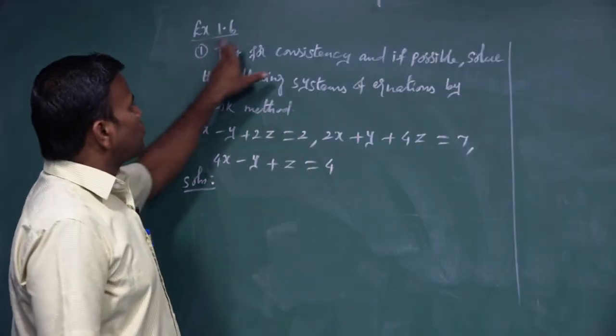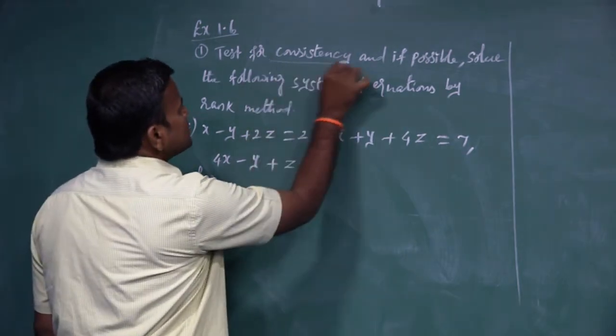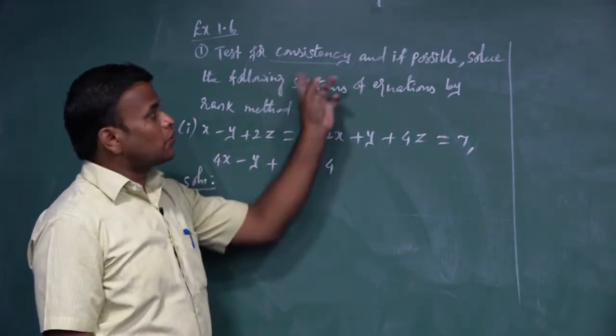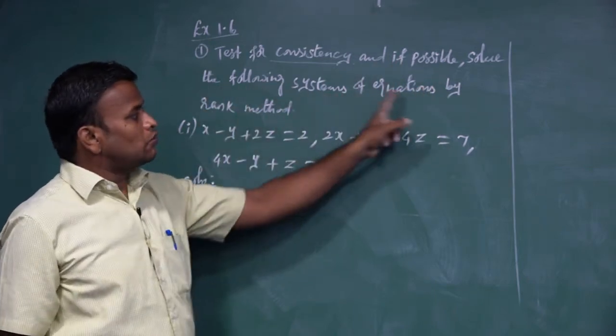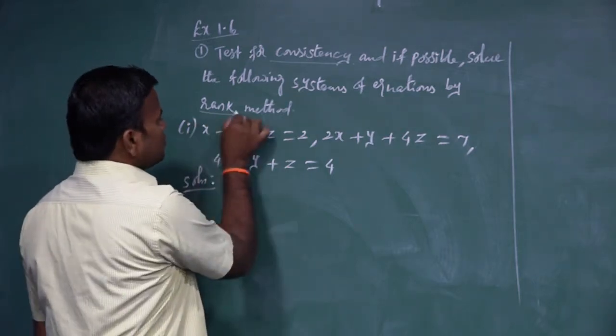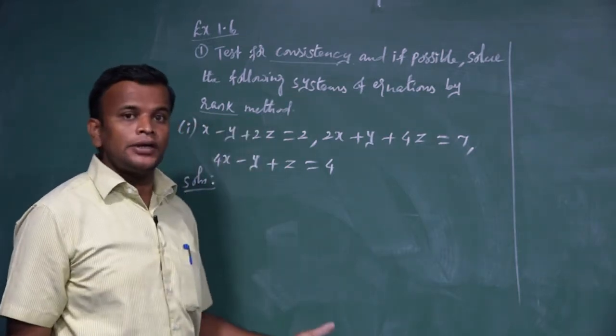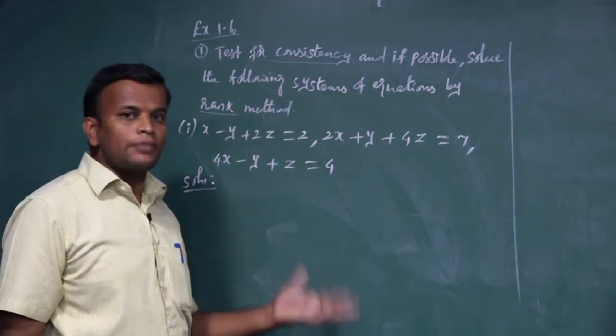You see the exercise 1.6, the first one. You see the question. Test for consistency, and if possible, solve the following system of equations by a rank method. So both methods are also given to solve the problem in rank method, and also to check whether it is consistent or not by using rank method.